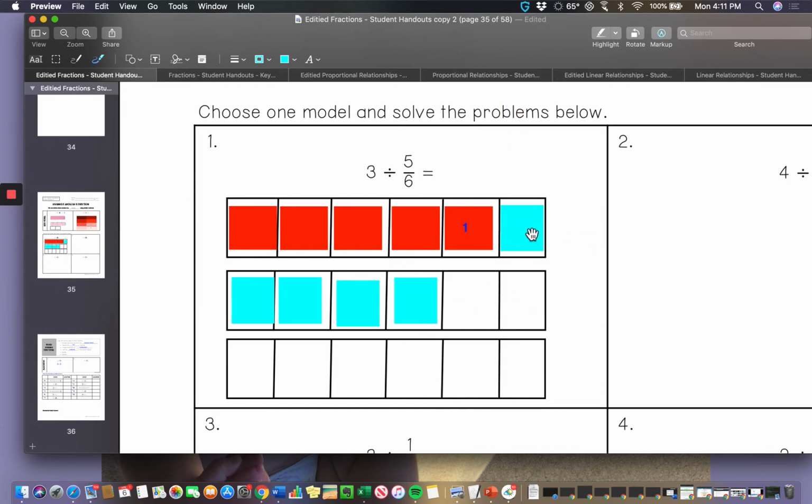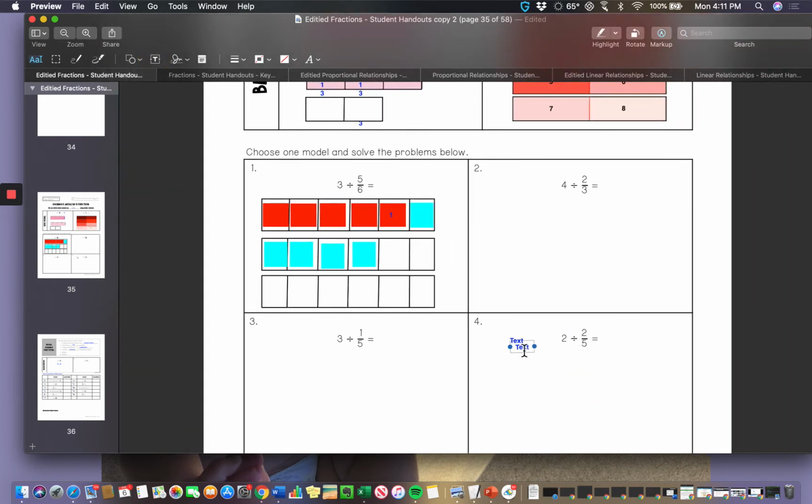Alright, so how many turquoise do I have now? I have 1, 2, 3, 4, 5. Perfect. That's going to represent 2. So now I have 2 sets of 5, 6.